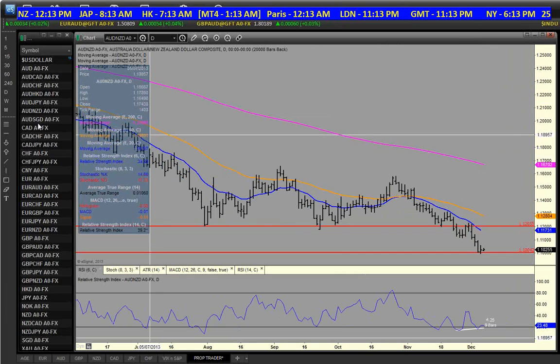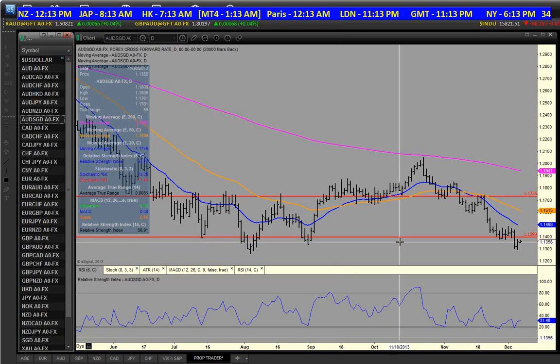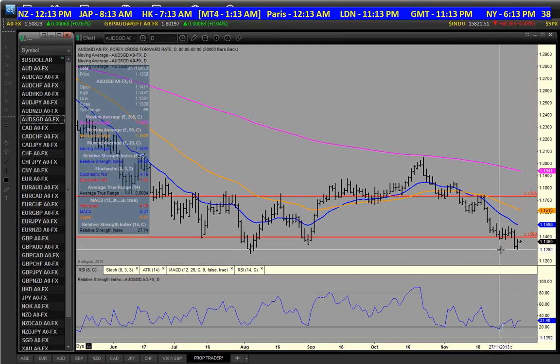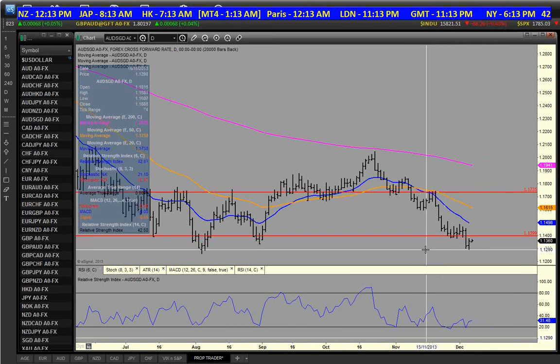Aussie Sing. Also has divergence, a lower high, lower low, but a buyer bar, like the Aussie dollar. Is that a strong horizontal?